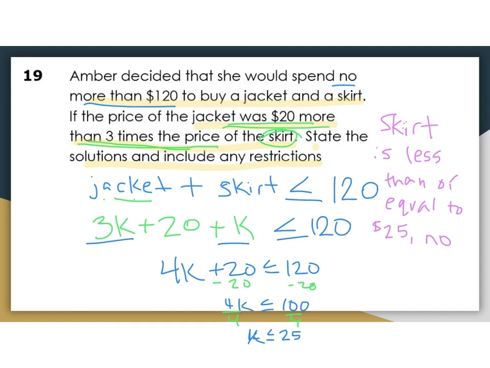Those are all values less than $25, but you can't go and buy an item for a negative amount. And then decimals are okay because in money we have our decimals.